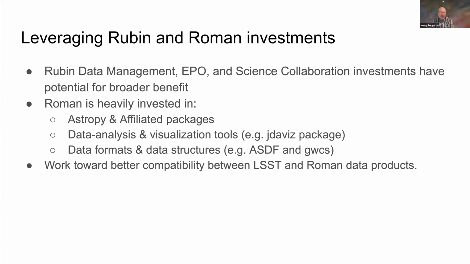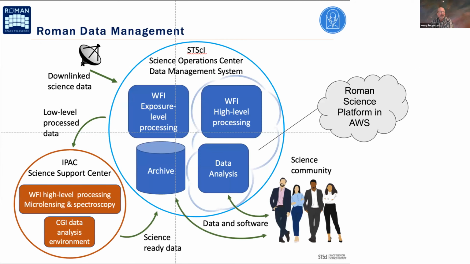And then data formats and data structures, we'll hear about ASDF shortly. Advanced Scientific Data Format is being used now for JWST, although packaged in FITS files, and it will be used natively for Roman. In general, just more conversation can help us work toward better compatibility between the data products from both.